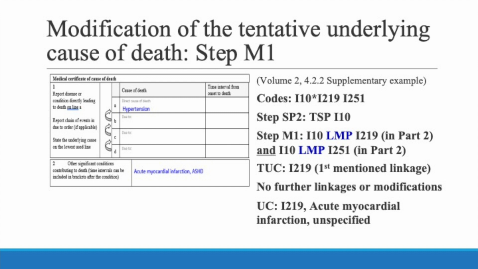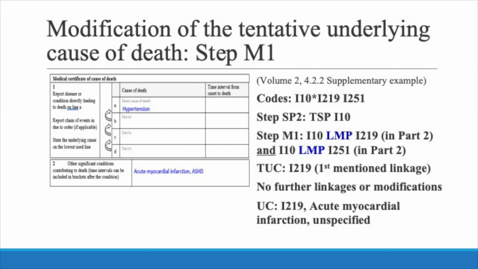By an application of step SP2, the tentative starting point is I10. Checking the special instructions for the application of step M1 to a tentative underlying cause of I10, we notice a valid linkage with I219 in part 2 and a valid linkage with I259, also in part 2. The instruction in such cases is to take the first mentioned linkage, which in this case is with I219.